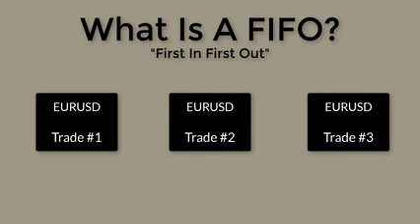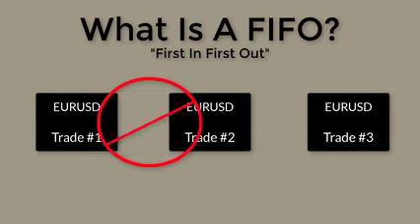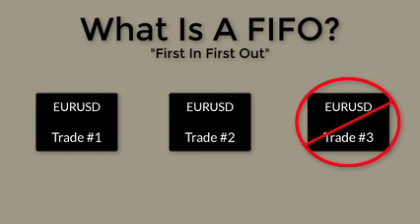However, in the United States, you will be required to close them in the order you placed them, i.e. the first in, first out. So as an example, let's say you put in 3 trades. You'll have to close the first trade first. You cannot close the third trade, as an example, and leave the other trades running.